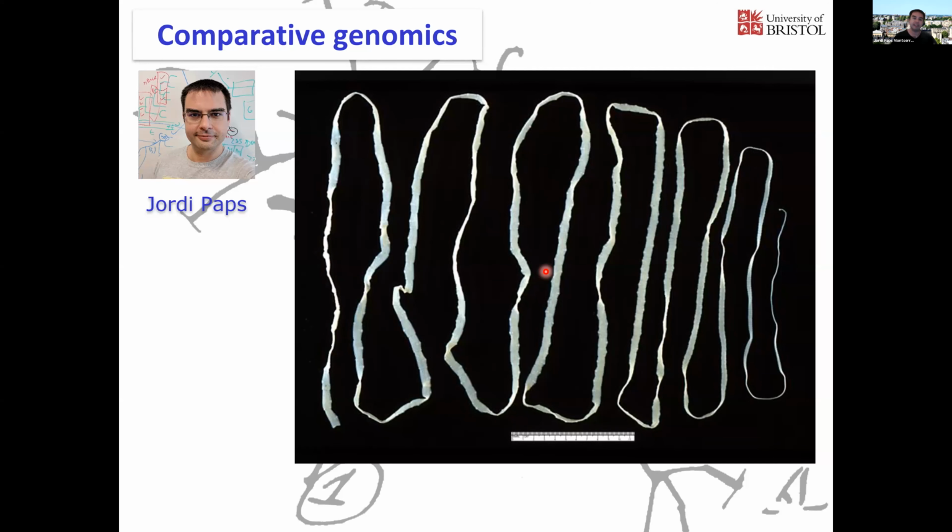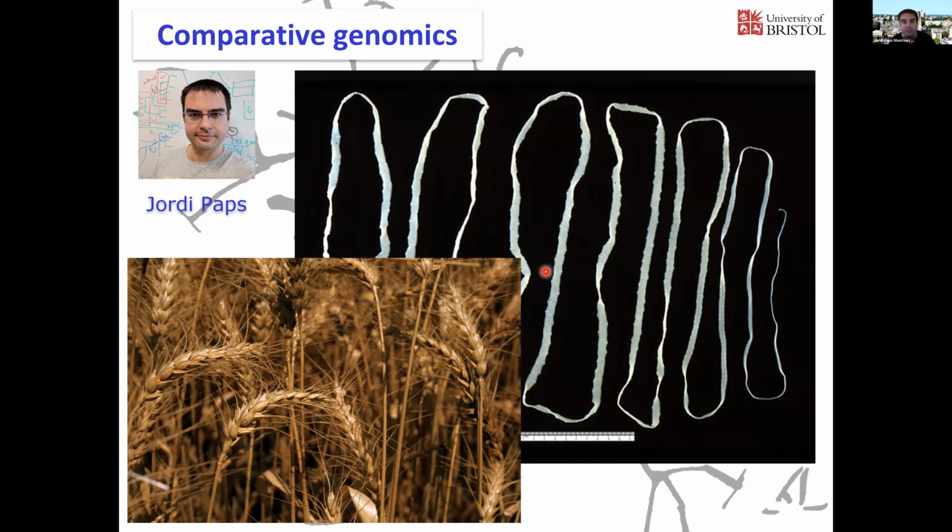So we're trying to find genes only found in parasites that we can use to develop medicines to fight parasitic diseases. Or we are comparing the genomes of plants that are very adapted to drought, that survive very well when there is no water. And we're using evolution to find those genes and now try to engineer those genes into crops, okay, to increase food security.